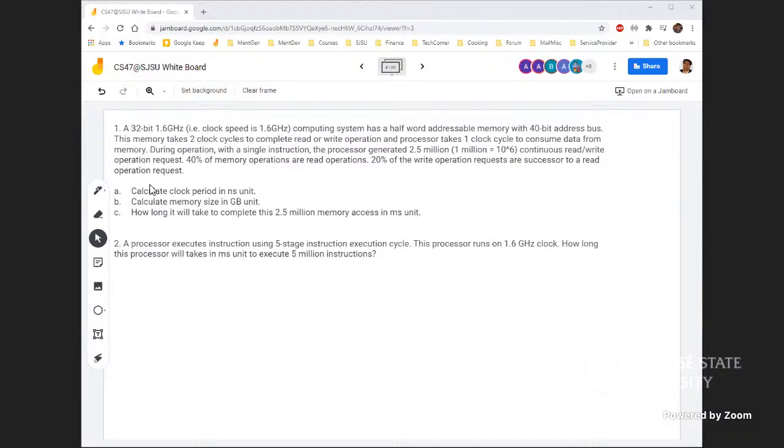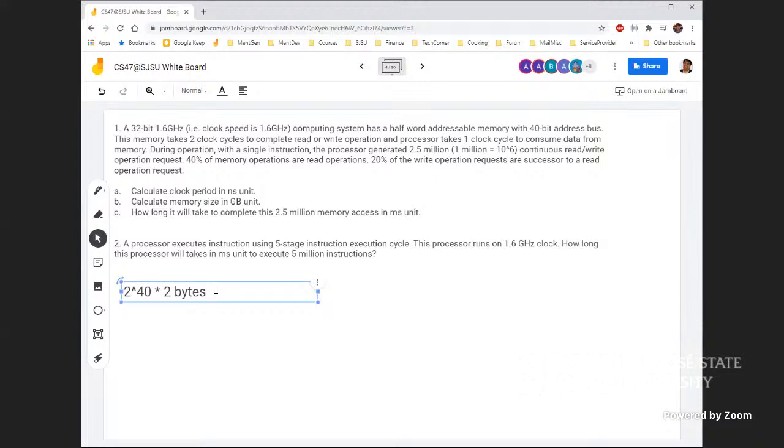This one is 2 to the power 40 from the address bits, multiplied by 2 bytes. 2 bytes is a half word, a full word is 4 bytes, and 1 byte is 8 bits.